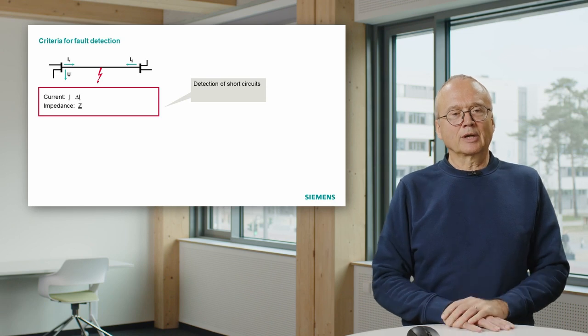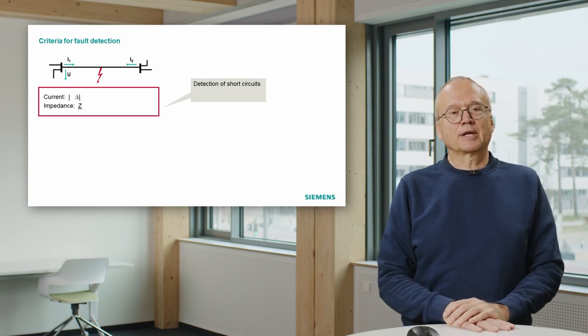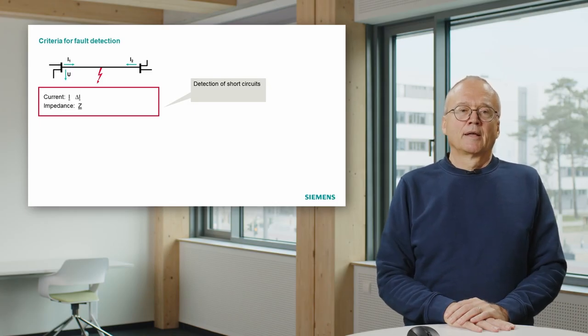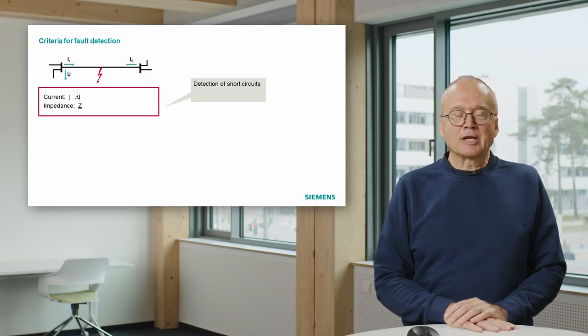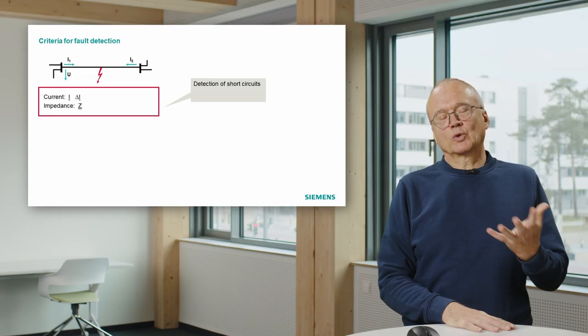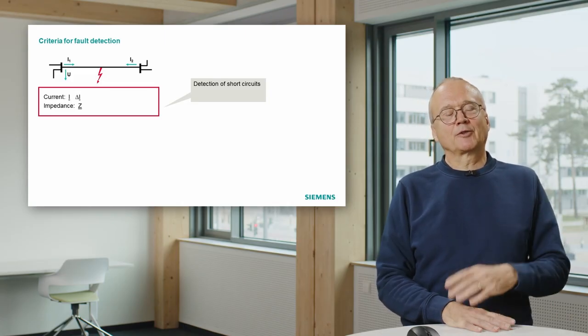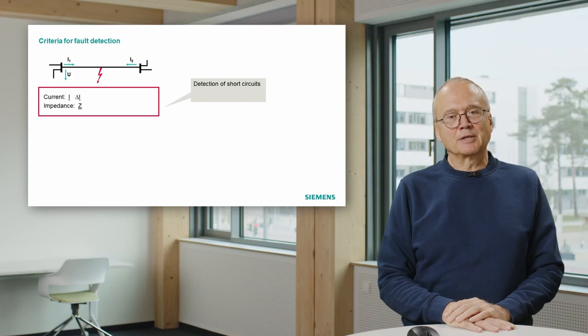The next one I would like to mention is protection which is based on the impedance. That means we measure the impedance. To get the impedance, we have to measure the voltage and the current. And if we divide the voltage by the current, we get the impedance.